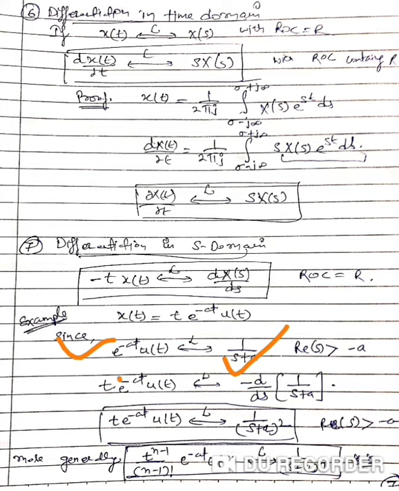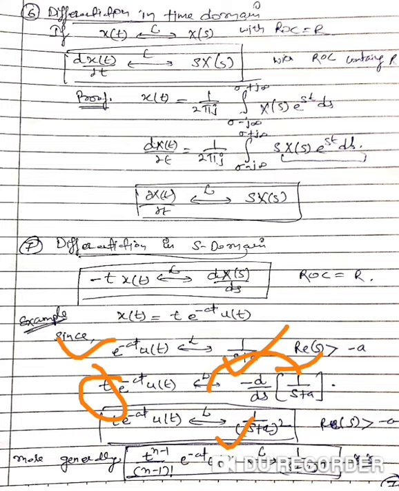Now if we multiply by t, we get the differential of 1 upon s plus a, which comes out to be 1 upon (s plus a) square. So when we multiply by t in the time domain, we get a differentiation of the Laplace transform in the frequency domain.